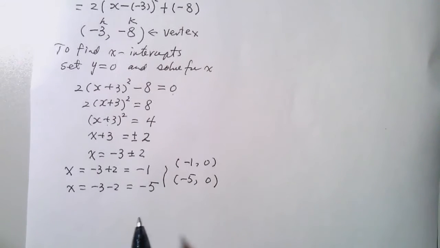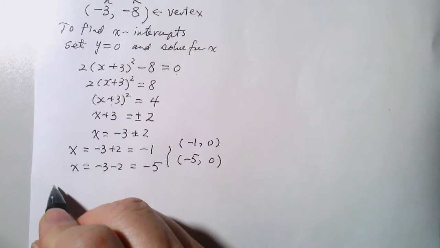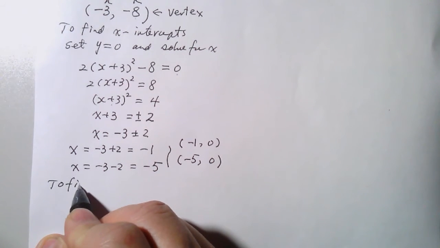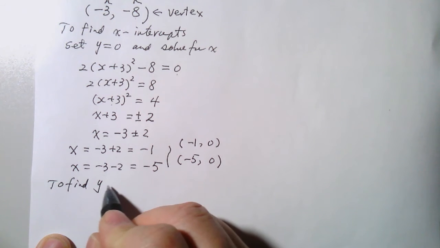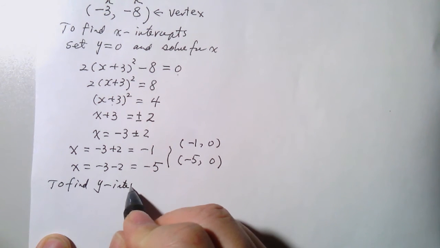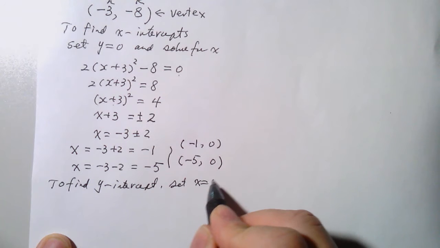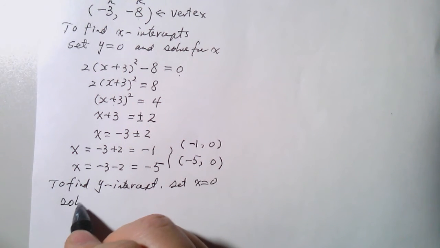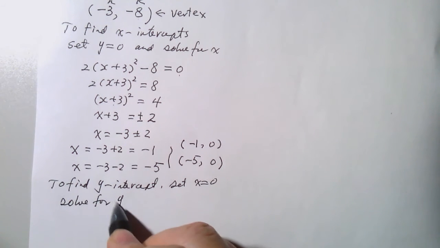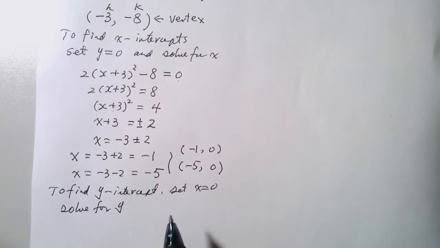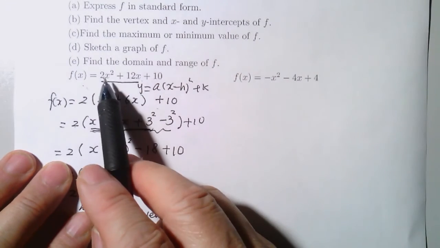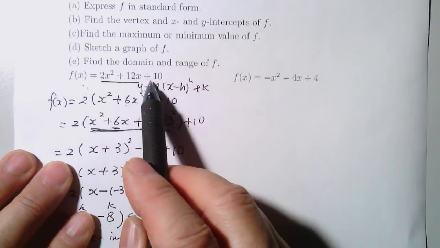Now to find the y-intercept, you set x equal to 0 and solve for y. In this case, it's much easier if you look at the original function, 2x squared plus 12x plus 10.